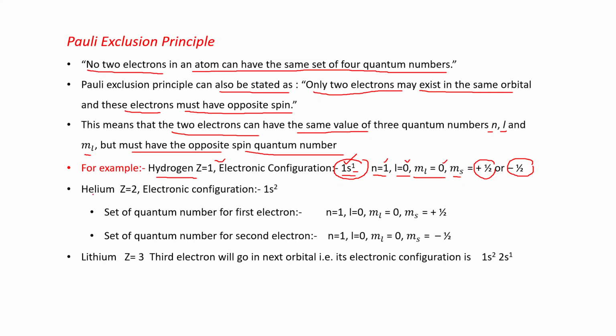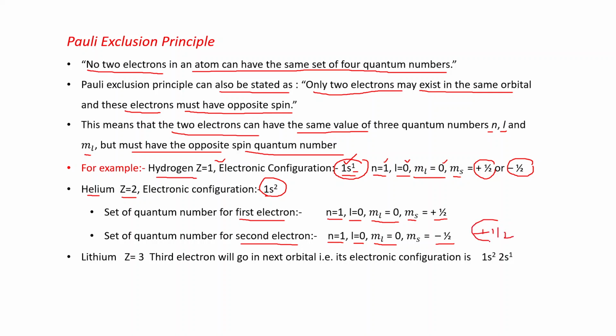Now, if we go to helium, atomic number is 2, its electronic configuration is 1s2. In this case, 2 electrons are present in the 1s subshell. If we write the set of quantum numbers for the first electron of helium, then n is equal to 1, l is equal to 0, ml is equal to 0, ms is plus half. Then the set of quantum numbers for the second electron, n is equal to 1, l is equal to 0, ml is equal to 0 and ms will definitely be minus half, it will not be plus half.